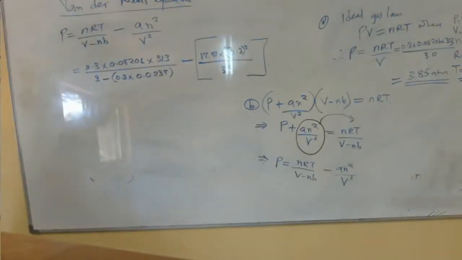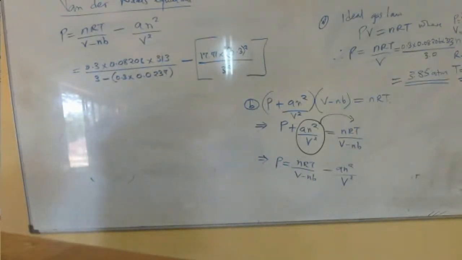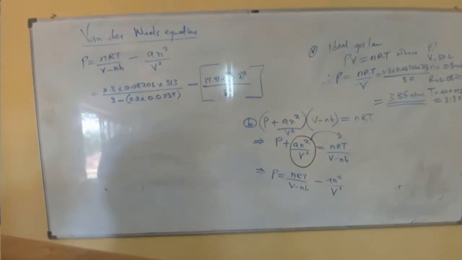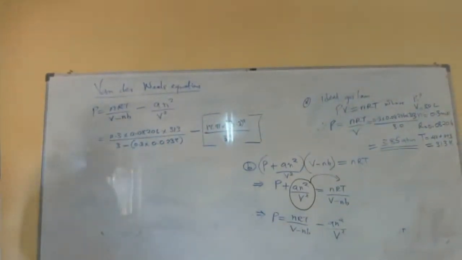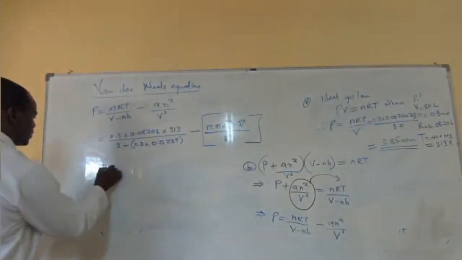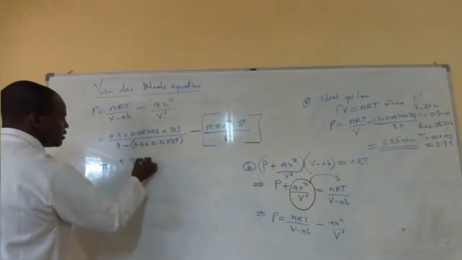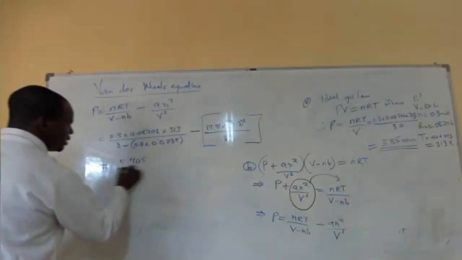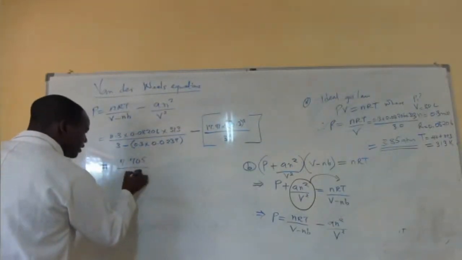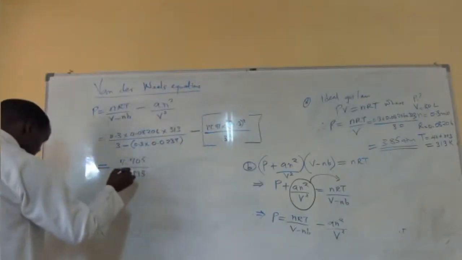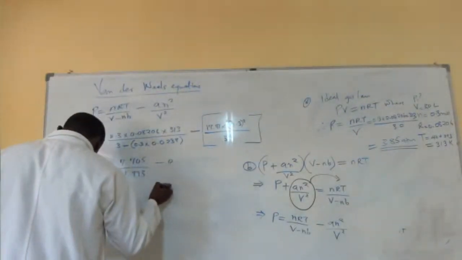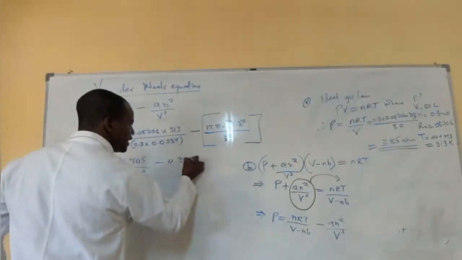So if you do that, what you're going to get is 7.705 divided by 1.993, minus 0.398.